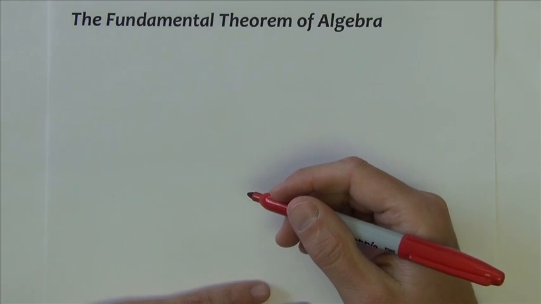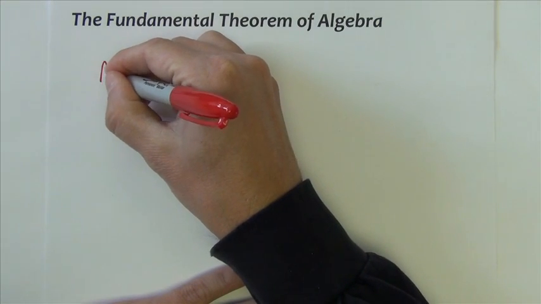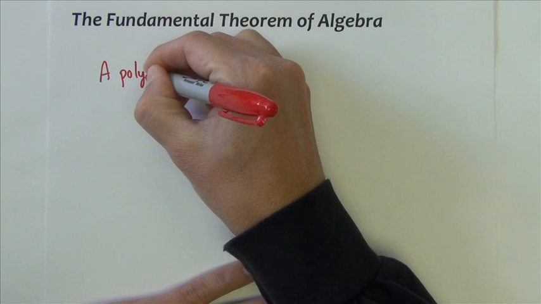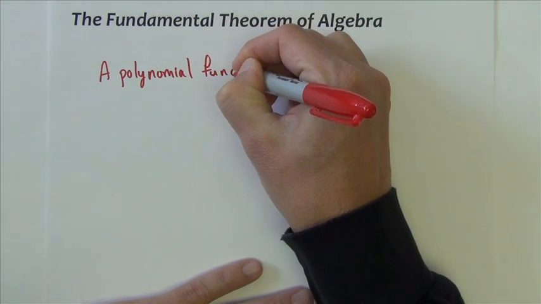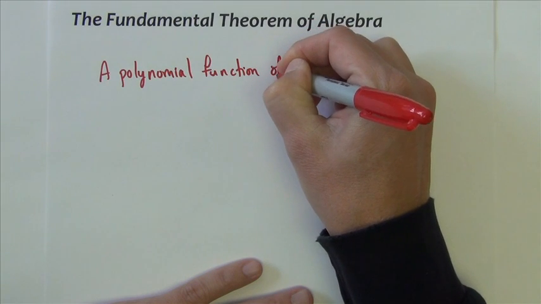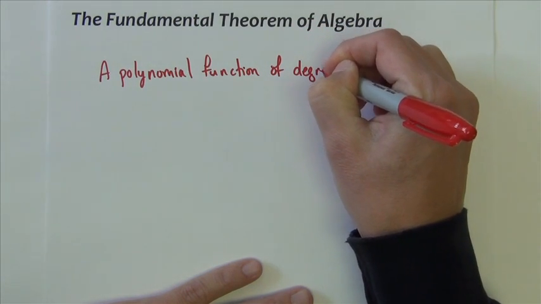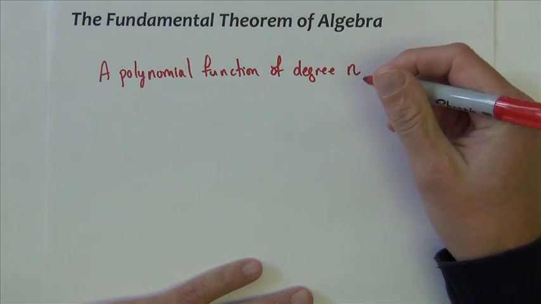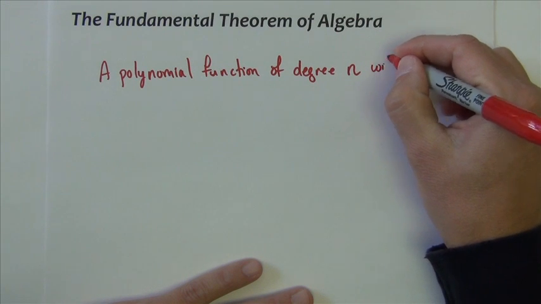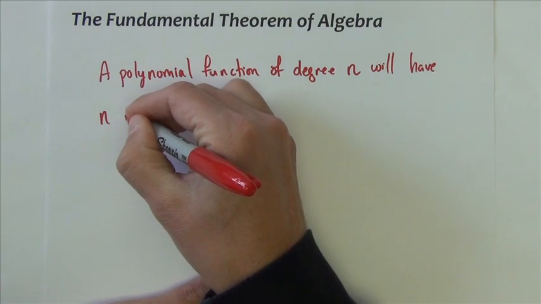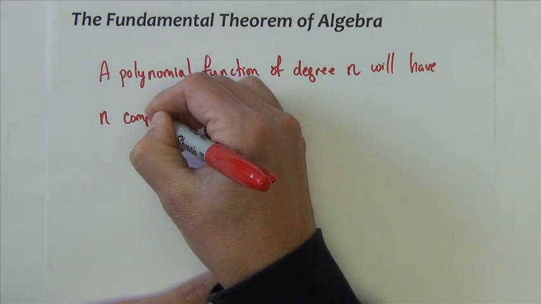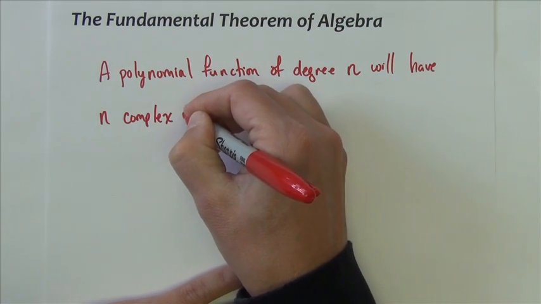First thing is the Fundamental Theorem of Algebra, and it says this. A polynomial function of degree n will have n complex zeros.